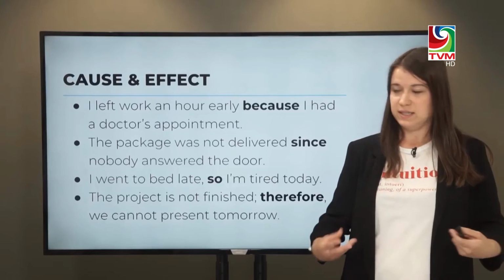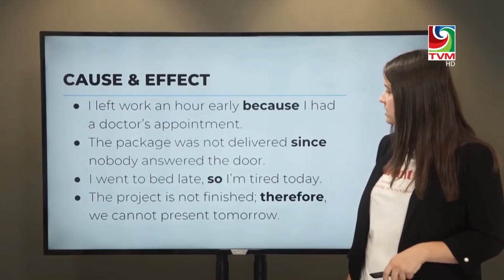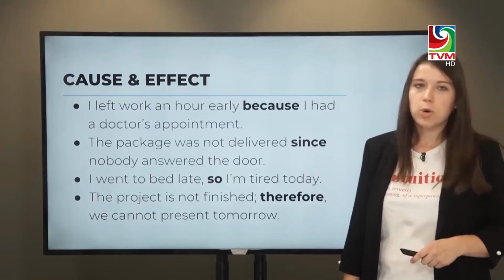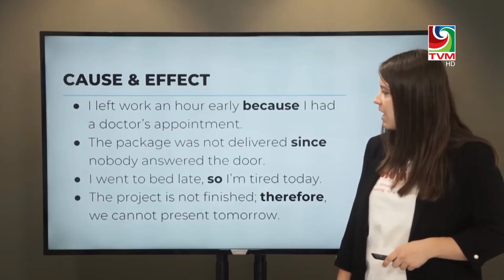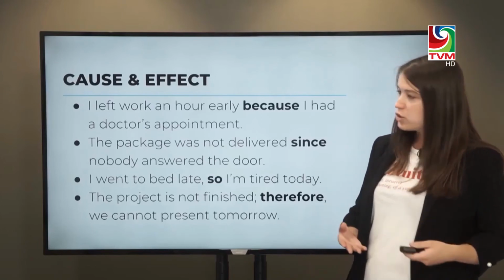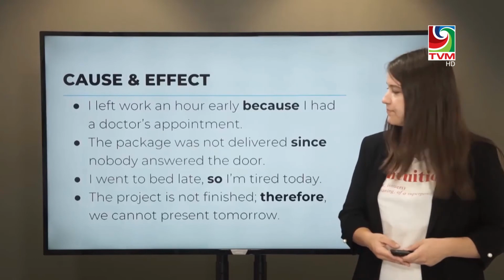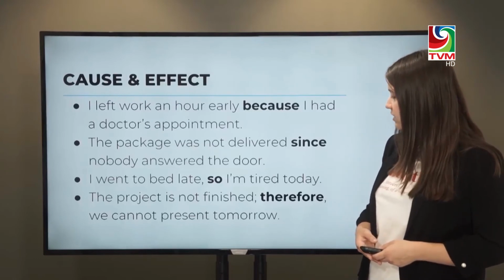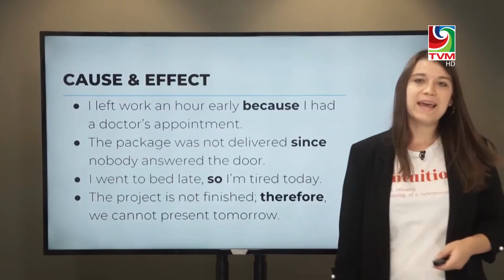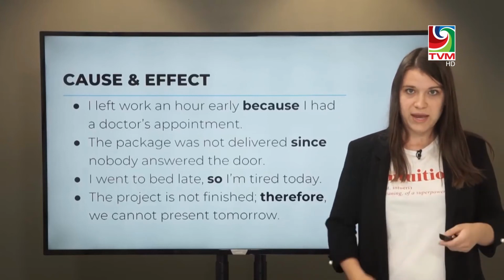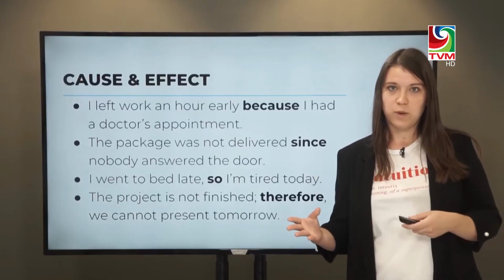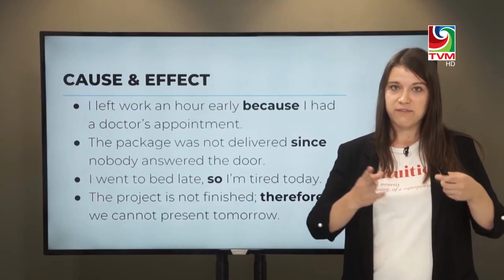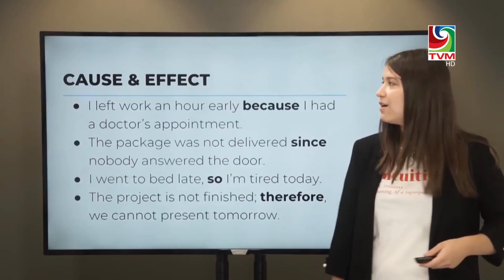So you're giving a reason here. The package was not delivered since nobody answered the door. I went to bed late, so I'm tired today. The project is not finished, therefore we cannot present tomorrow. Okay, so here you start the sentence with a cause, then you have your connector, and then you have the effect.